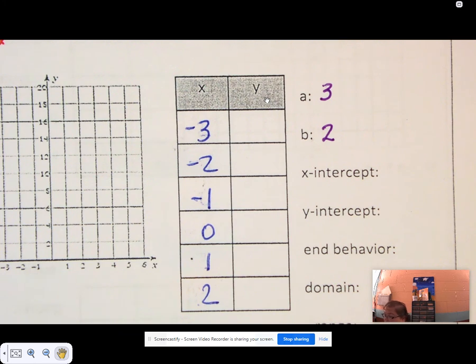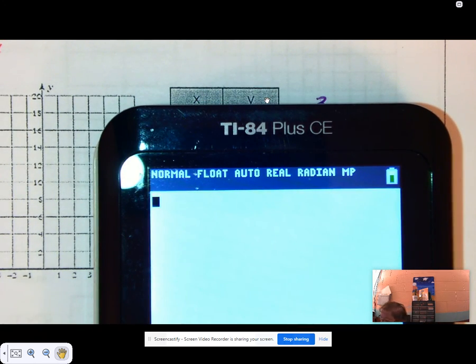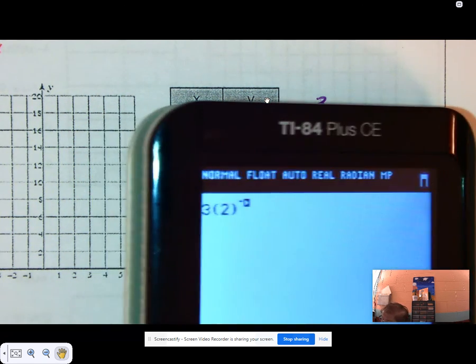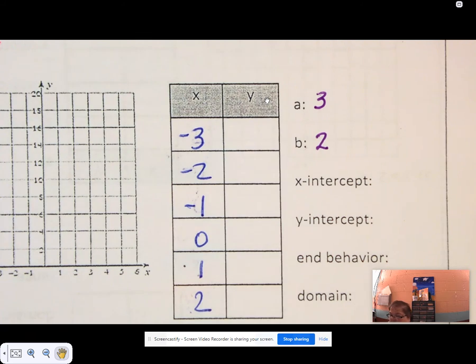Okay, so here we go. I'm going to do 3 times 2 raised to the negative, what did I say, 3? And we'll get that answer: 0.375. We're just going to go 2 decimal points and just get it close.